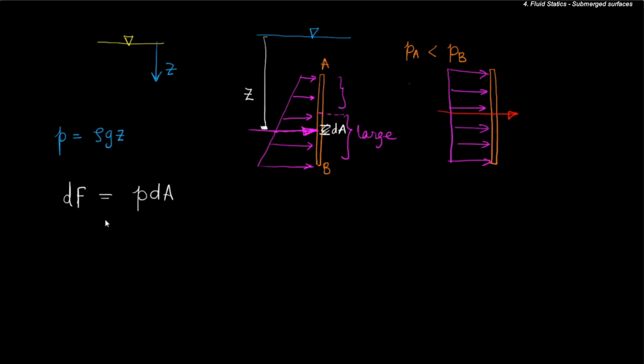It is the differential force, and hence the integration will not exist. And P is rho g z, and the dA appears as it is. So then we can find out the total force acting on the object as the integral of rho g z dA.